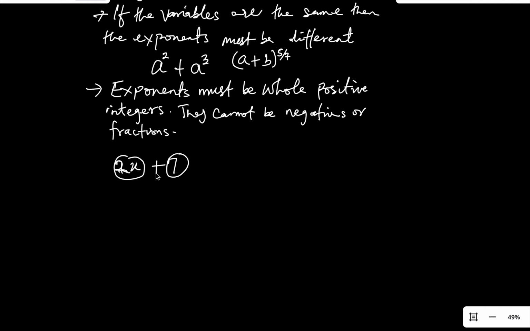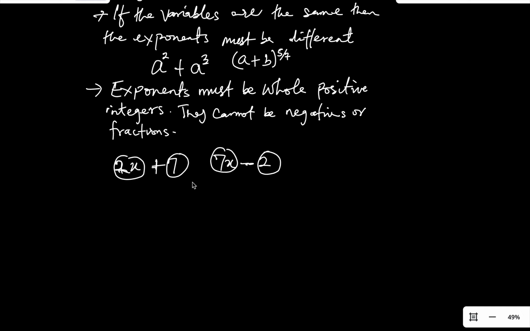The terms don dey separated. When you get first term, second term, you notice say the terms go dey separated either with plus, or maybe if I get 7x minus 2 like this, or maybe 5 or something. This one na first term, this one na second term. Wetin separate am na minus, na make you call term.